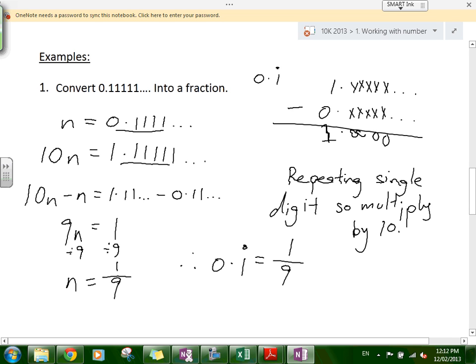Okay? Multiply by 10. Because it's a single digit repeating over and over again. Let's finish writing it down. So we know that 0.1 repeater is 1 over 9.